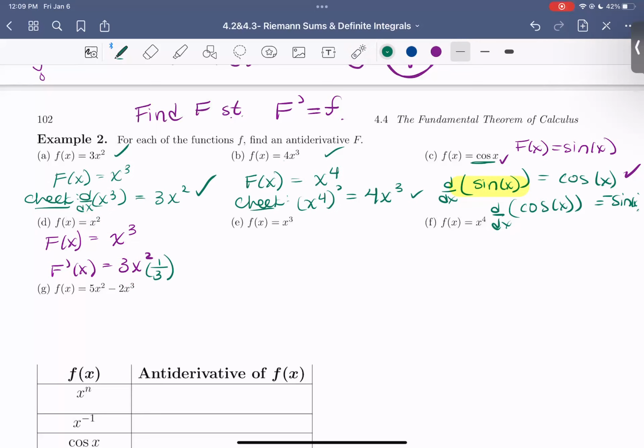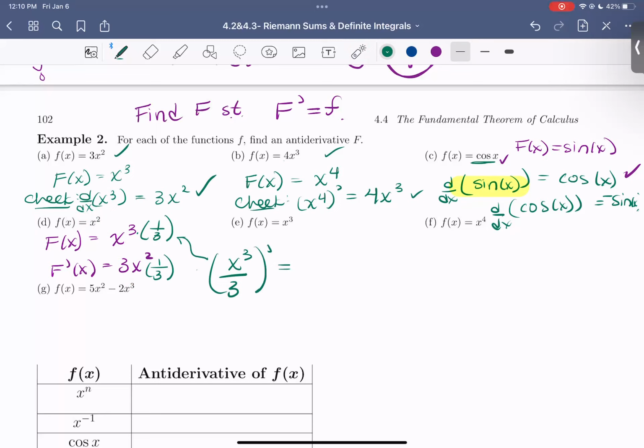Here is something interesting: if I multiplied my original function by a constant, when I take the derivative, that constant just remains. So let's test the function x cubed over 3. That is x cubed times 1/3. Let's consider the derivative of this function.